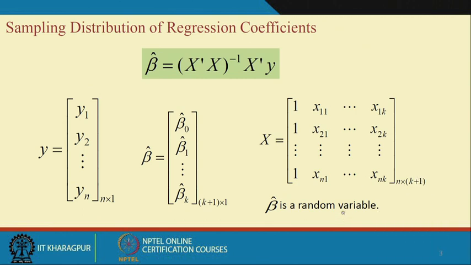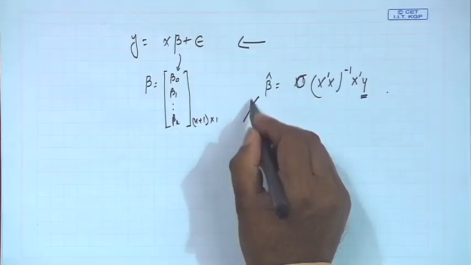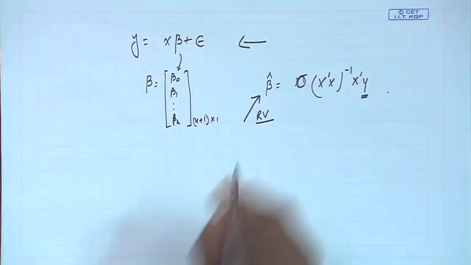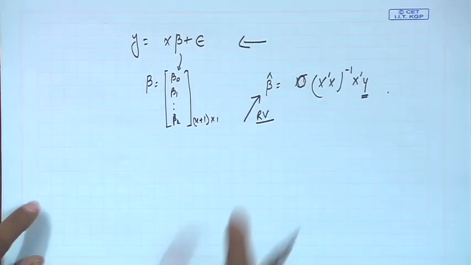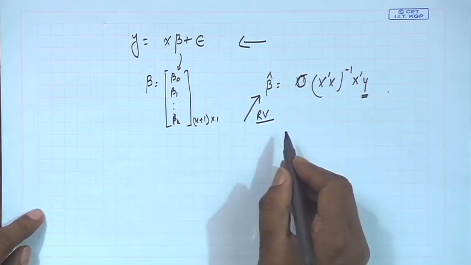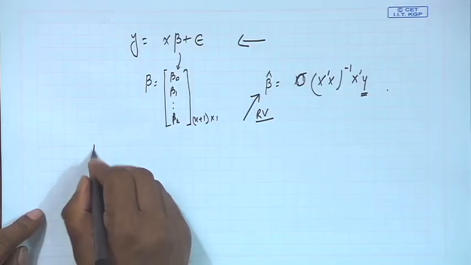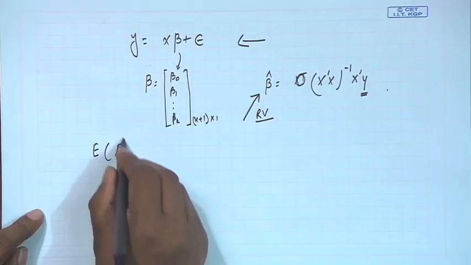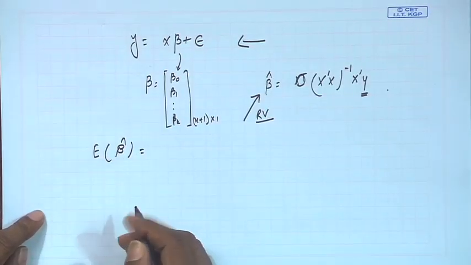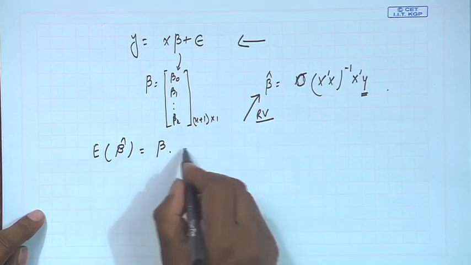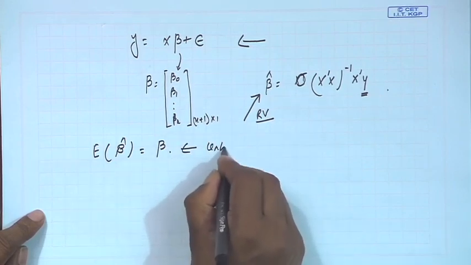And from sampling theory we know that the estimate beta cap is a random variable. So, it has its expected value and variance component also. Suppose we want to know what is the expected value of beta cap, it will be beta, and that is what is unbiased estimation.